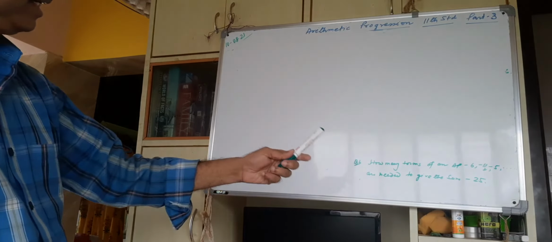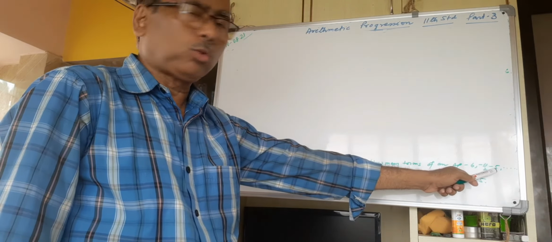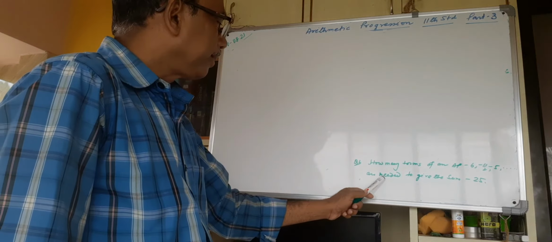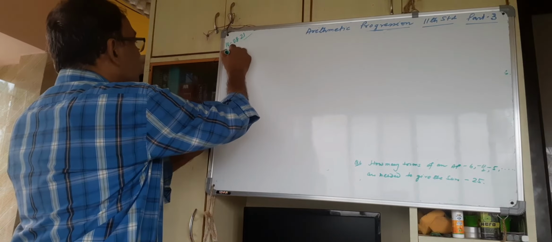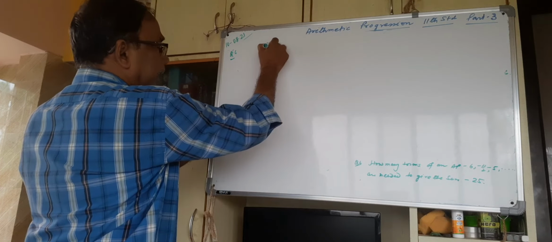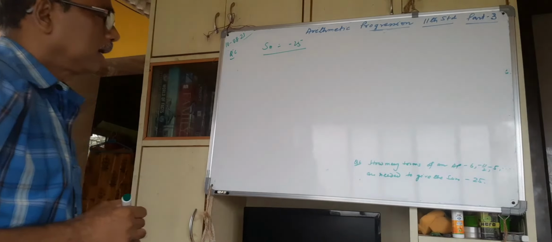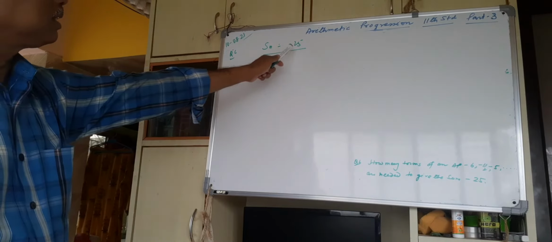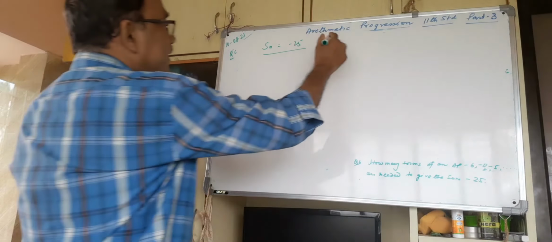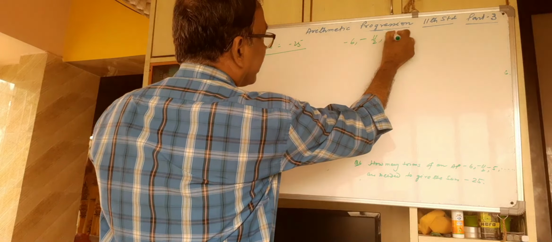Here the series is given, AP minus 6, minus 11 by 2, minus 5, and the sum needed is minus 25. We have to find the number of terms. Let n be the number of terms whose sum is minus 25, and the series is minus 6, minus 11 by 2, minus 5, and so on.